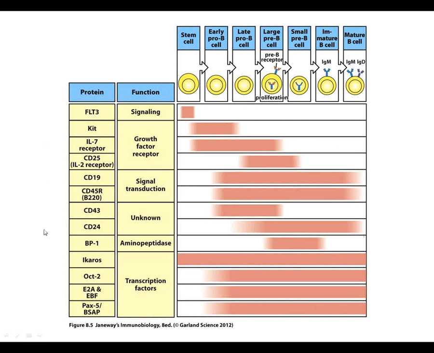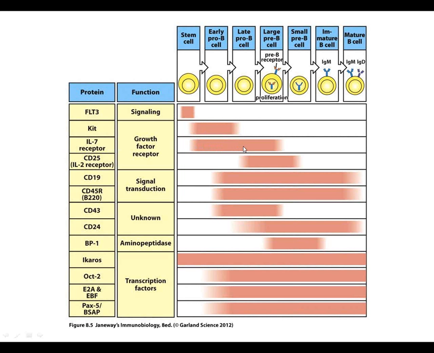So these were the proteins that were discussed and essential for signaling. You'll probably be familiar with most of these. FLT3 is the very first one, essential in those early stem cells. Of course, KIT as it goes through the pro-B cell stage.